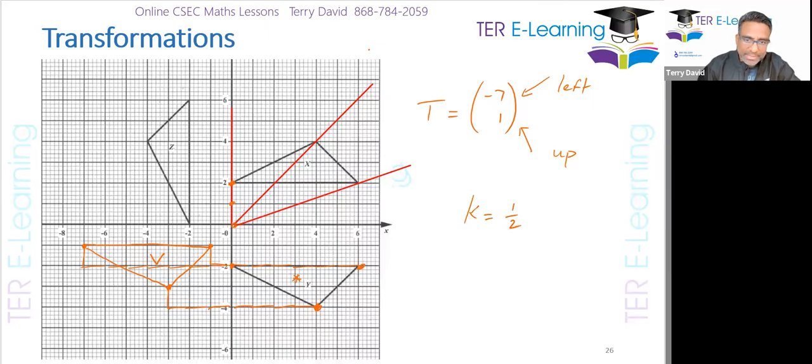You do the same thing with this line here. From here to here, halfway is going to be this point. So I don't need anything fancy to draw this. Therefore, the image is going to be this small little triangle here, representing my image of X after a scale factor of 1/2.